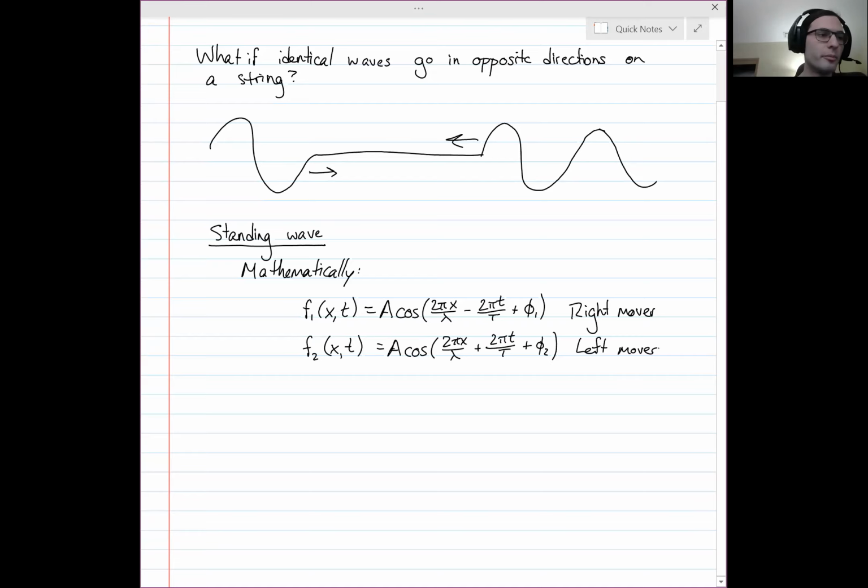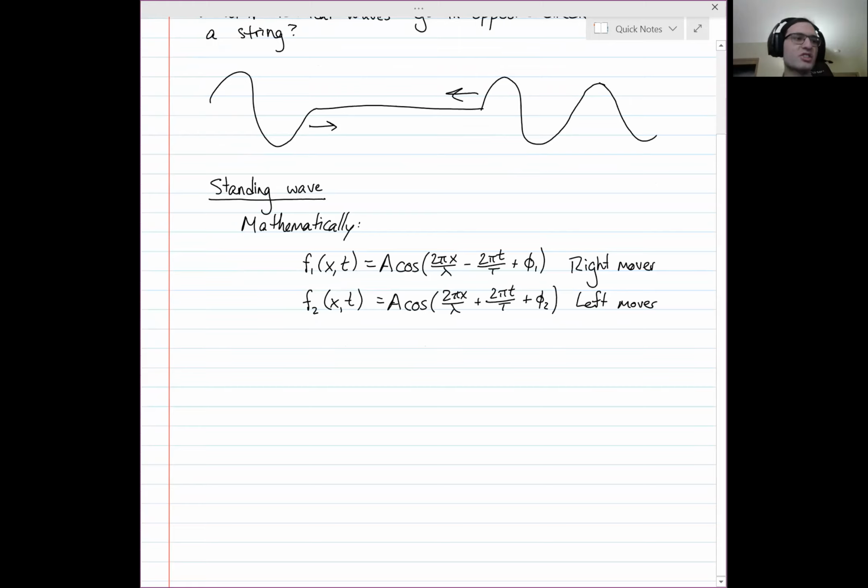All right, so for the sake of argument, let's just assume that phi 2 minus phi 1 is pi, i.e., just assume that they initially start out of phase, right?